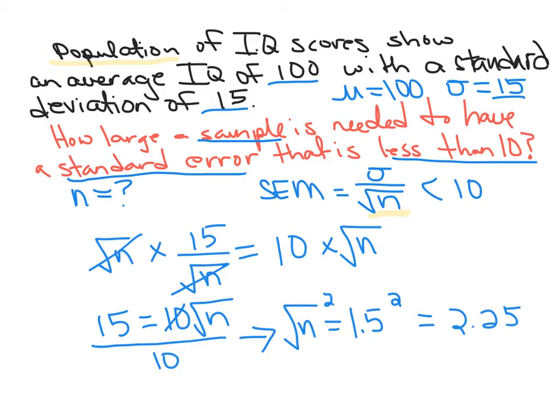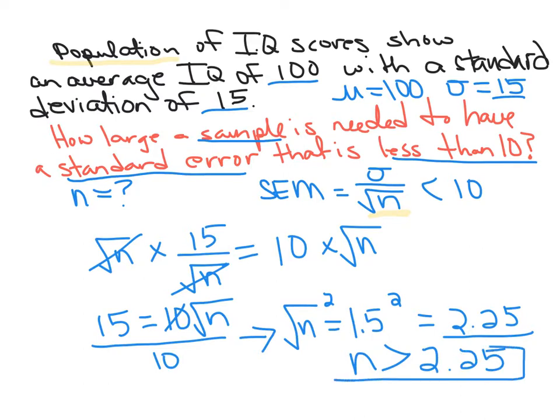So now we're talking about people. Instead of saying n equals 3, we just want to use the greater than sign. Because if we want our error to be less than 10, our sample size needs to be larger than what we obtained. So n would be greater than 2.25.